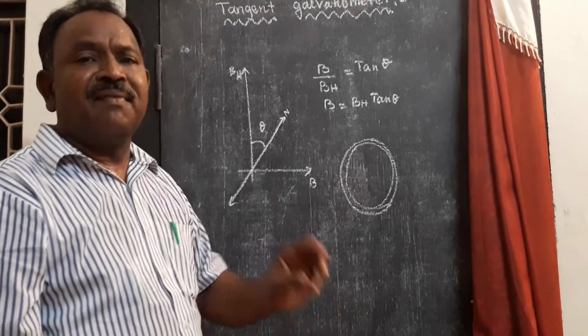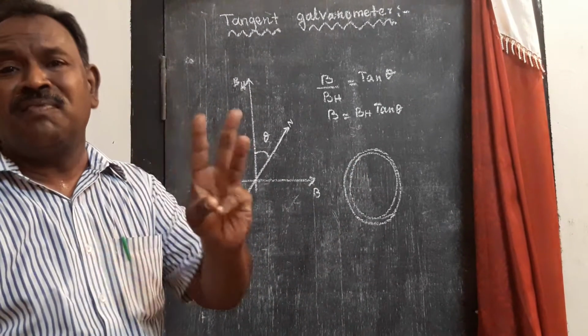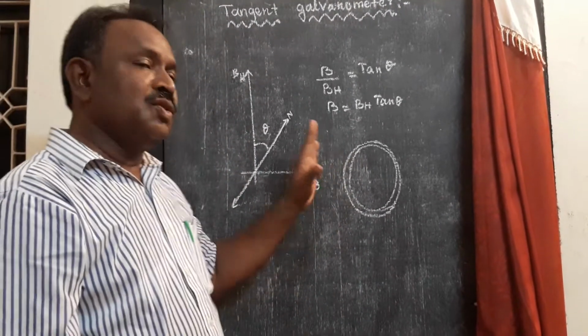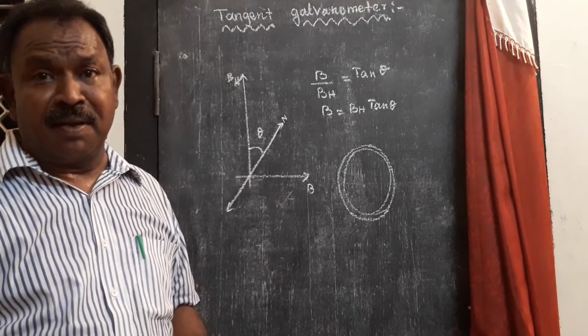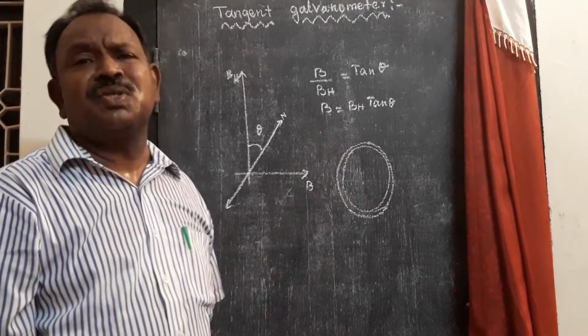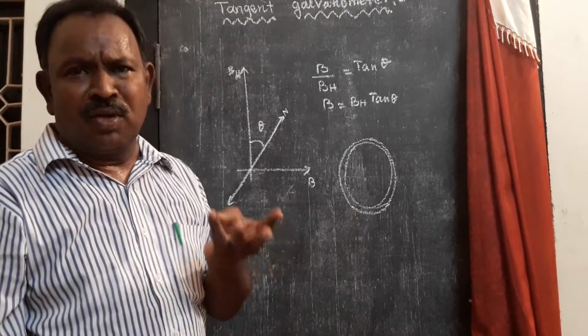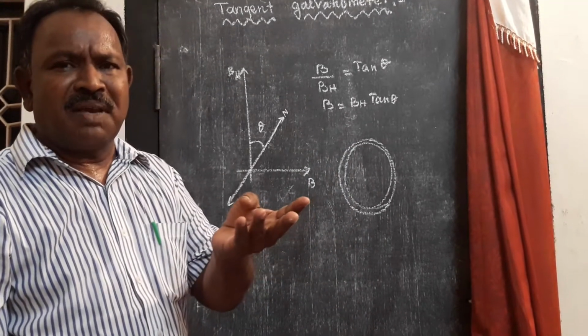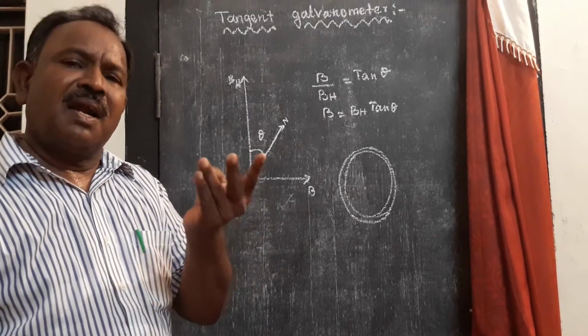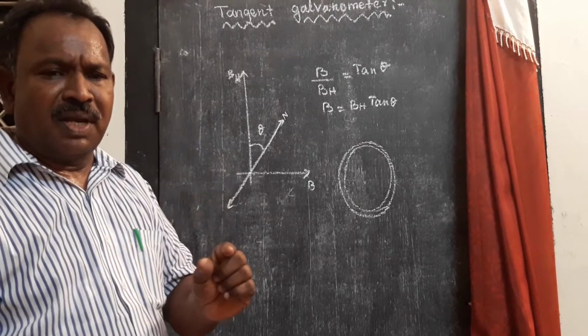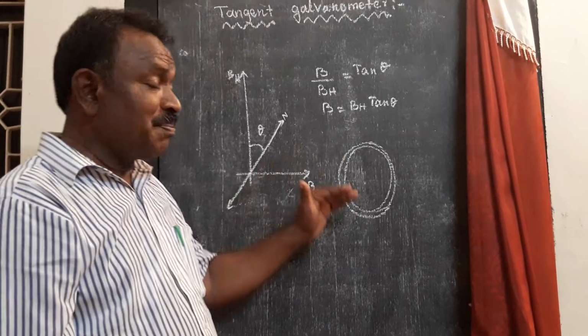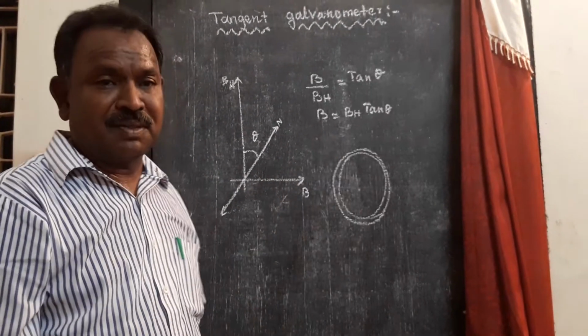This coil is having three different types of turns. The tangent galvanometer that we use in the laboratory has three sections of coil. One has 2 turns, another has 5 turns, and another section has 50 turns. Each section of coil is connected separately to the binding terminals.